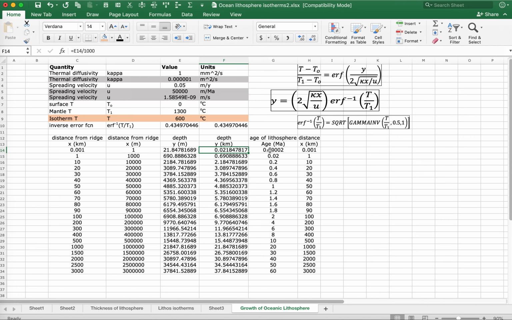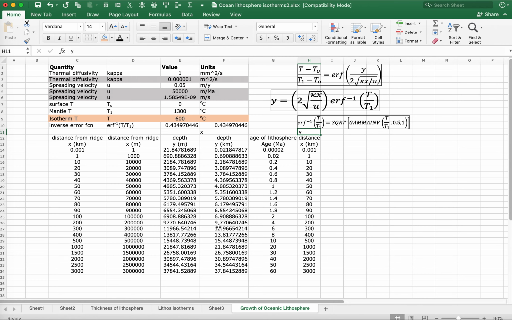So we can compare depth versus age. What we're going to do here is compare depth versus distance. So how does the 600 degree isotherm look relative to distance? Remember, with Excel, whatever we grab on the left-hand side will always be the x, and this will always be the y.